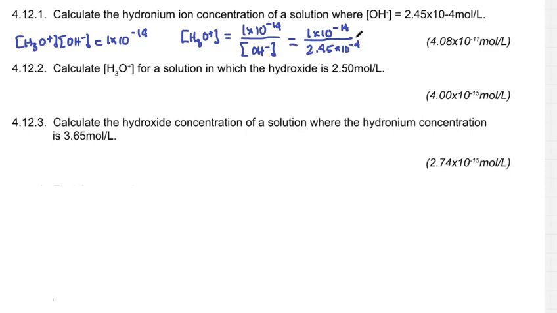Turn on calculator, 2.45 times 10 to the negative 4, I get 4.08 times 10 to the minus 11 moles per liter.